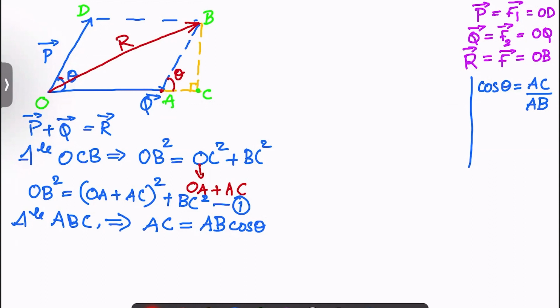So this can be written as OD cos theta, since AB equals OD. Okay. Now, that is equal to, not Q, it's P, right? So that is P cos theta.